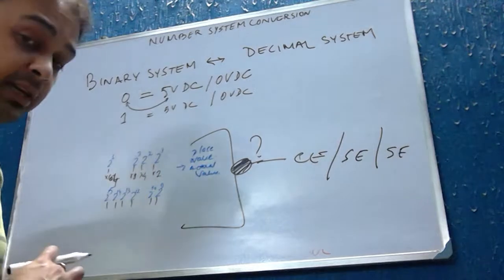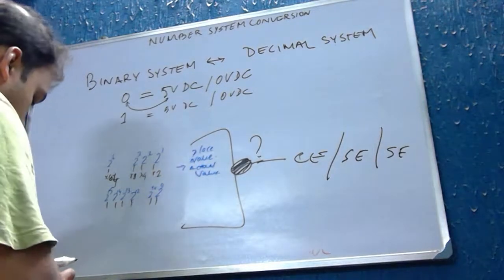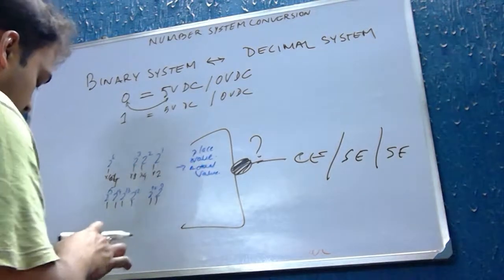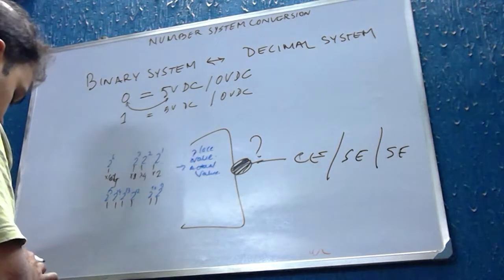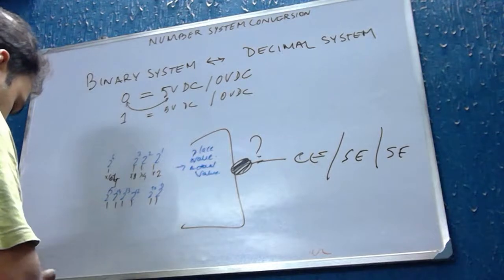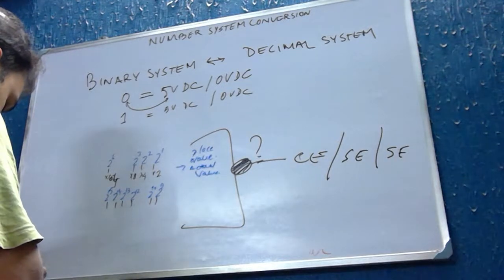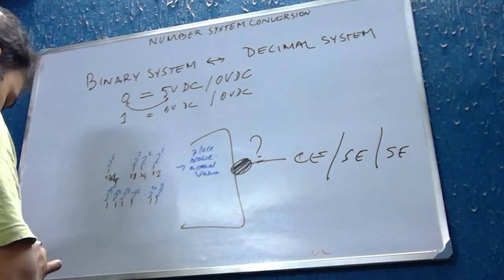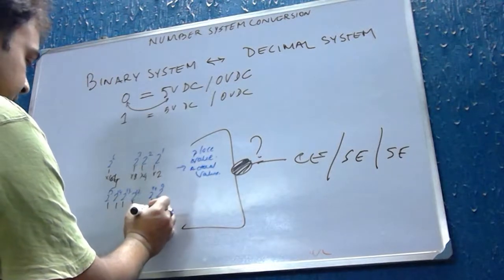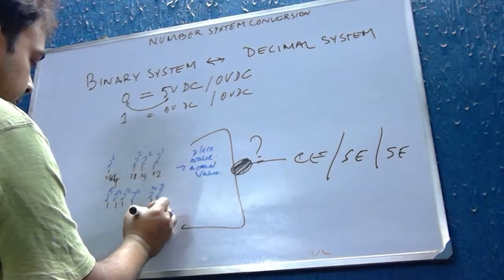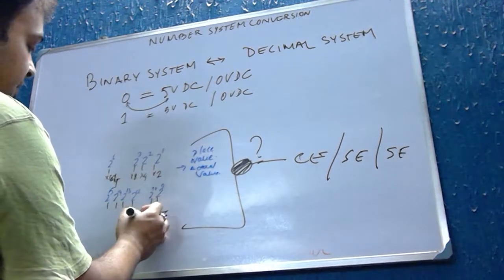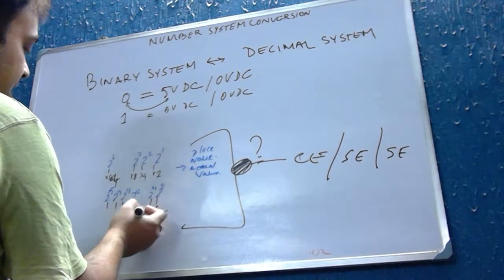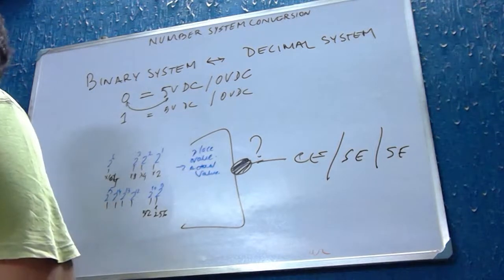I'll multiply it with 8 and 9. That gives me 256 into 2, 512. So 2 to the power 12.